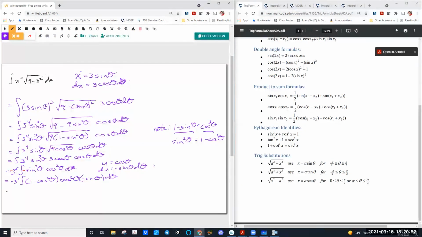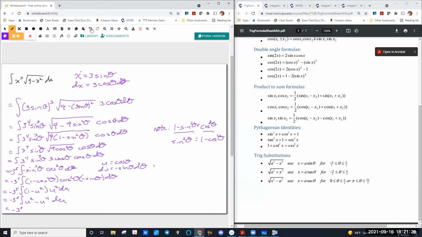Now we can get this in terms of u: negative 3 to the 5th, we have 1 minus u squared times u squared, and that is exactly our du. We'll distribute the u squared like we did before. Minus 3 to the 5th, u squared minus u to the 4th du. And kind of like before, minus 3 to the 5th.